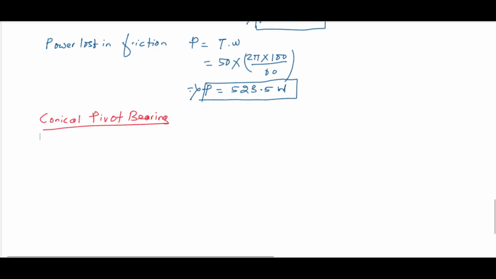Now the schematic of a conical pivot bearing is somewhat like this.